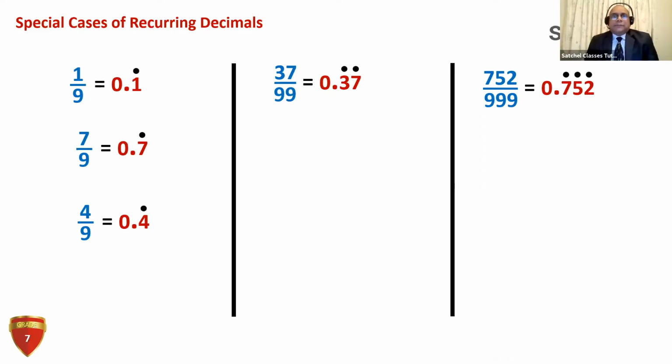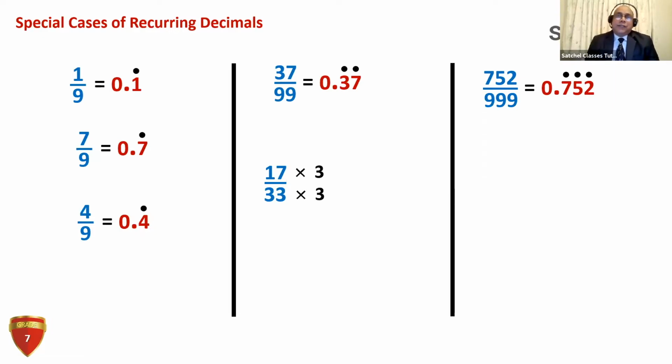What about 17 over 33? Now, this doesn't have nines in the denominator. But is it possible to get nines in the denominator? Yes, because if I multiply 33 by 3, I'll get 99. So I convert 17 over 33 into its equivalent fraction with 99 as the denominator.